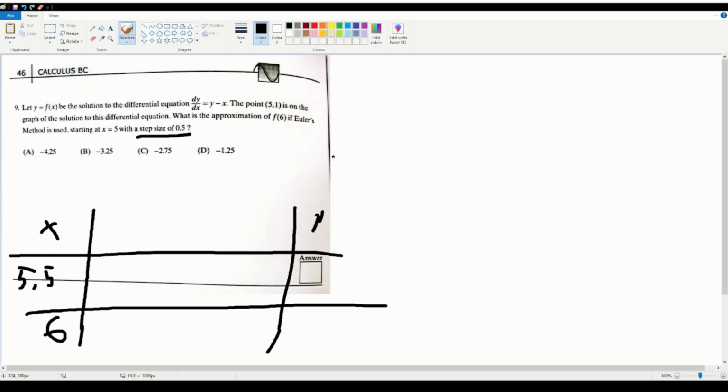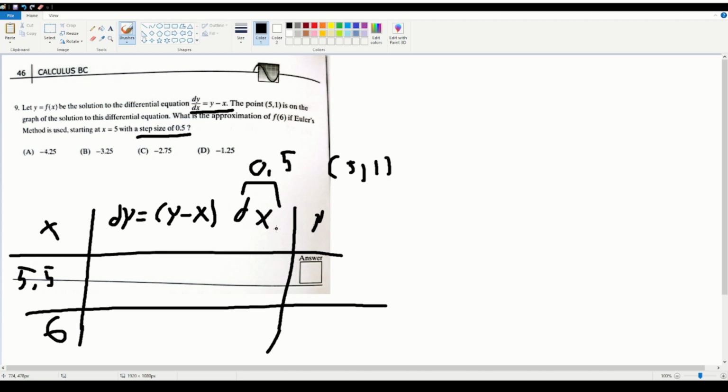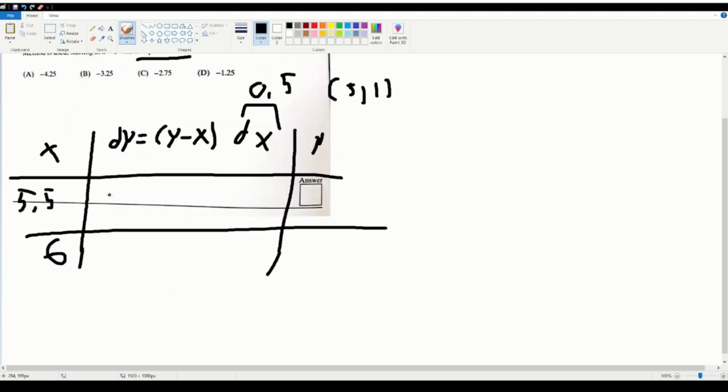You're given your starting value of (5, 1), and your equation is dy/dx equals y minus x. All you're doing is multiplying dx to the differential equation on both sides. dx is always 0.5, it's just the change in x. So now we can start solving for f of x.